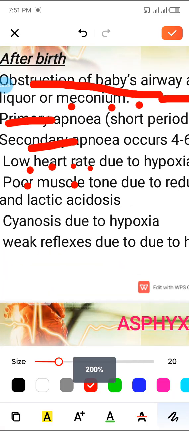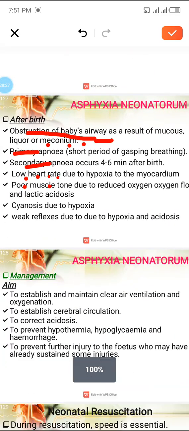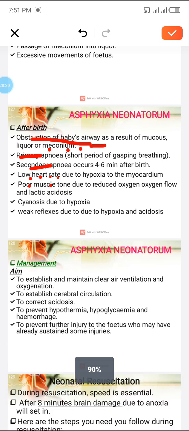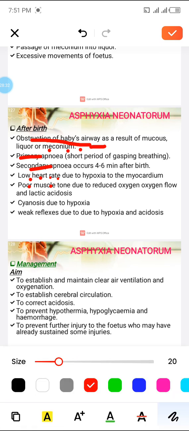Then poor muscle tone, like we agreed when we were looking at classifications. When severely asphyxiated, the infant has poor muscle tone, due to reduction in oxygen flow or lactic acidosis. So that's a sign. Another sign here is cyanosis, which we discussed in the pathophysiology.